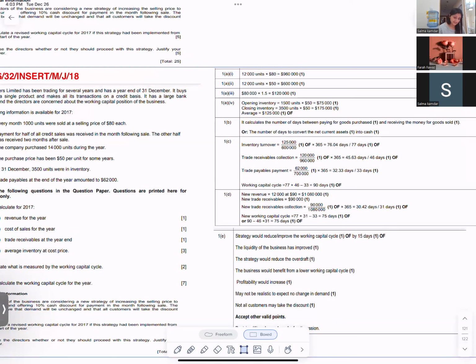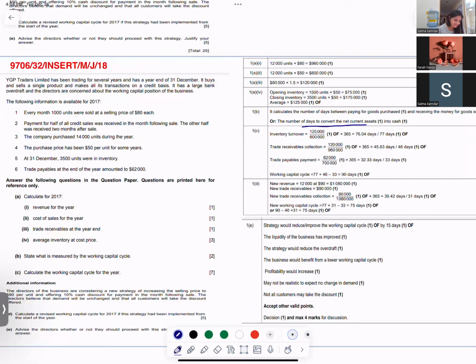Or it would be the number of days to convert your net current assets into cash.